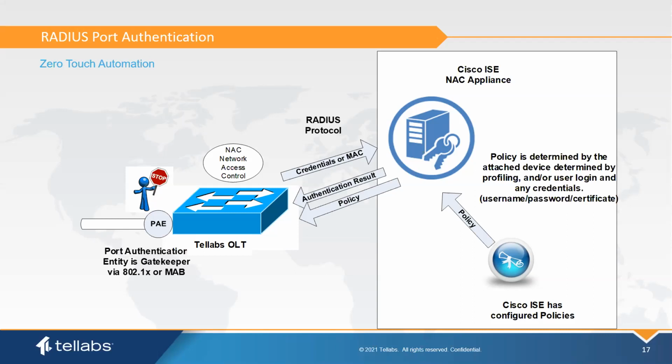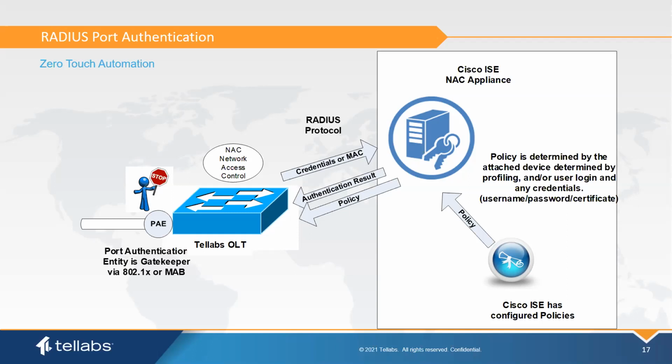What you can see over on the left-hand side is that we have a PAE, or port authentication entity, on the OLT, and that is the port authenticator. He's the gatekeeper, which allows or disallows packets to flow, but that's actually controlled by responses from the NAC appliance.